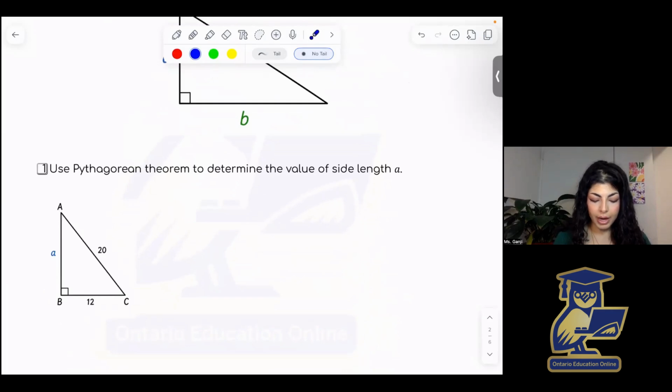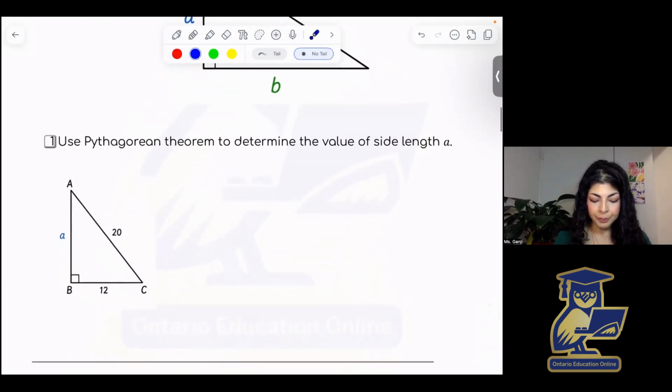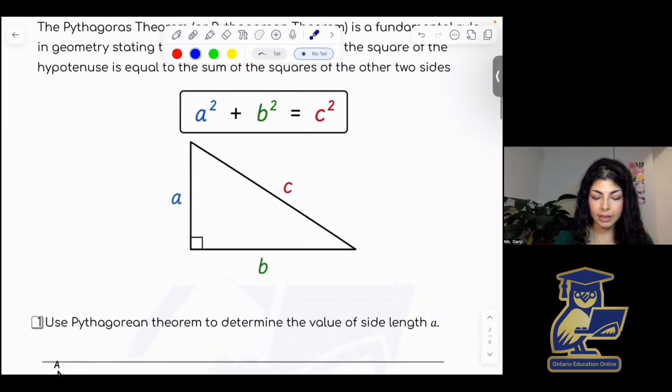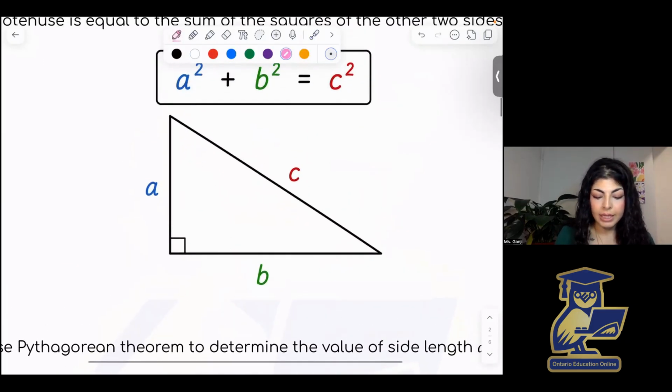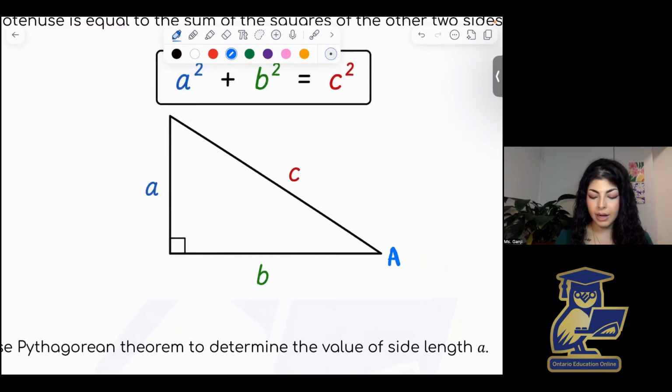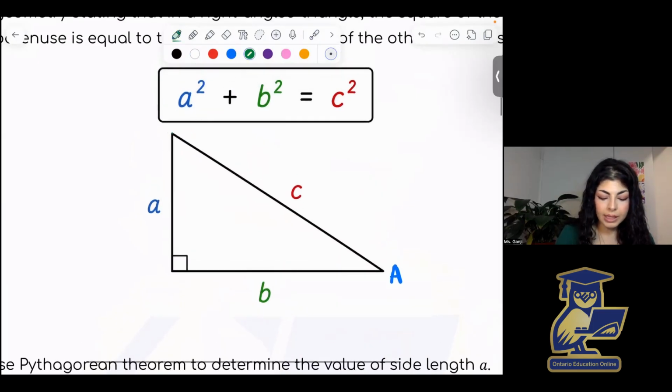Here we have a right angle triangle, and actually, before I get started on that one, I am going to show you here. The reason I said we have a specific way of labeling these vertices is because these legs always have to be A and B to match this equation. Then this vertex opposite to the lowercase a will be an uppercase A. This vertex, which is opposite to the lowercase b, will be an uppercase B, and this vertex here will be an uppercase C. That's opposite to the hypotenuse.